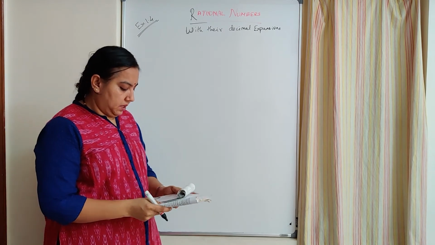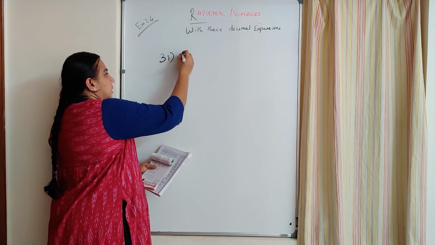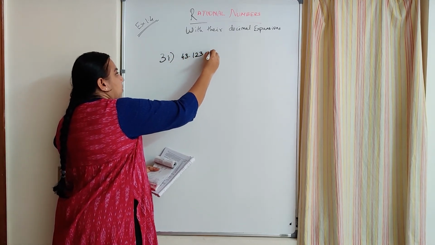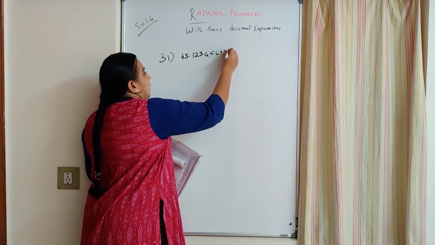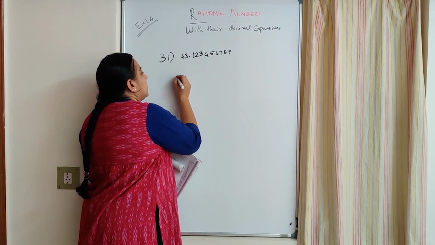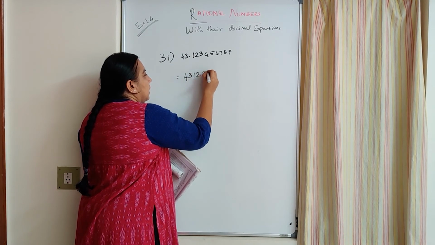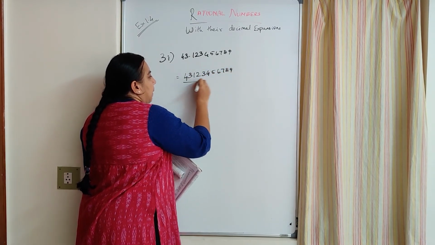The first sum is 43.123456789. We have a definite decimal. So this number can be written as 43123456789 by 1 followed by zeros.